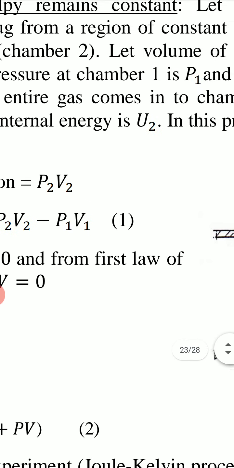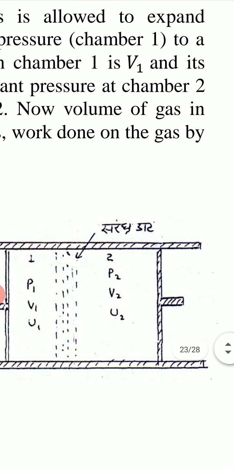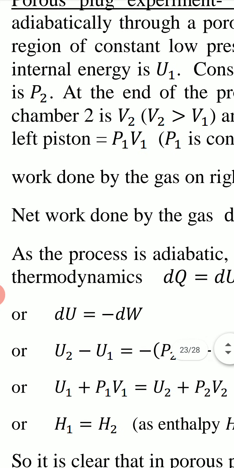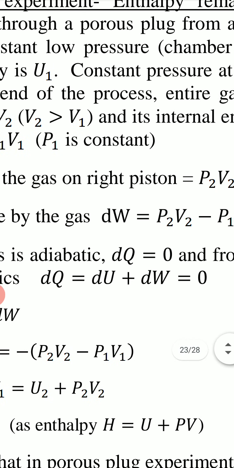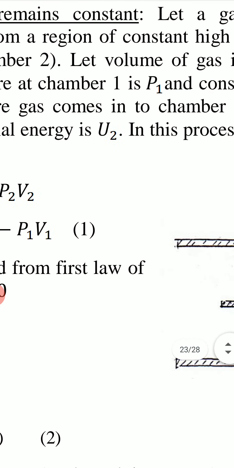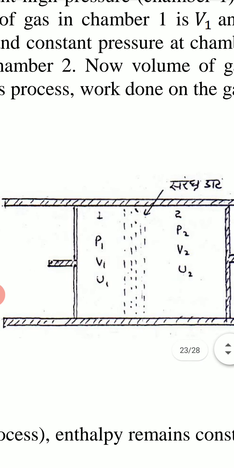Constant pressure at chamber 1 is P1 and constant pressure at chamber 2 is P2. At the end of the process, the entire gas comes into chamber 2.